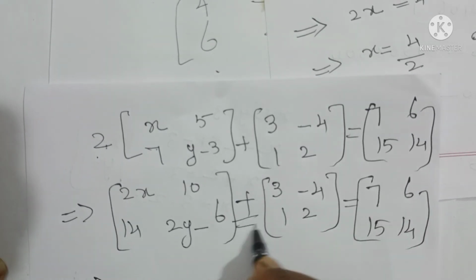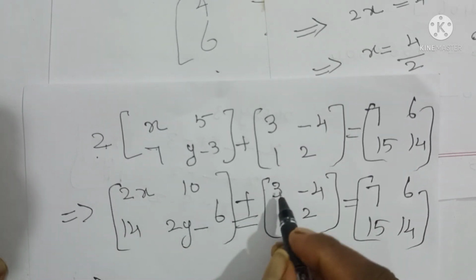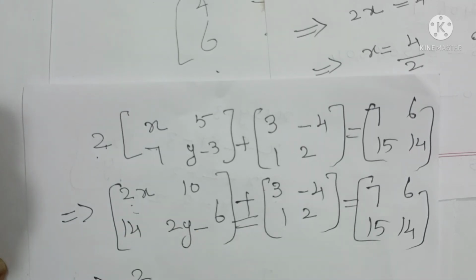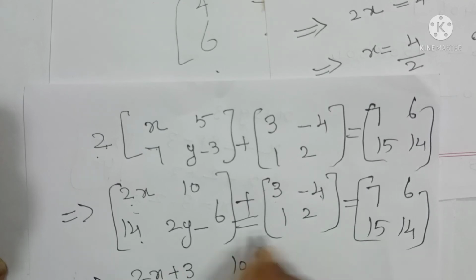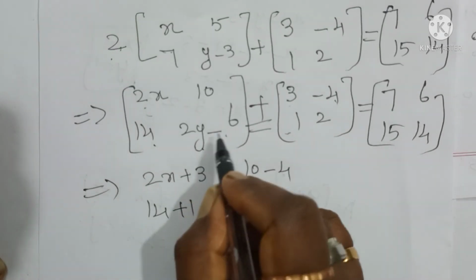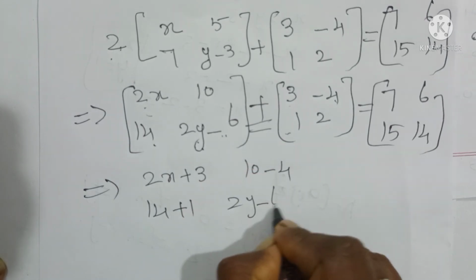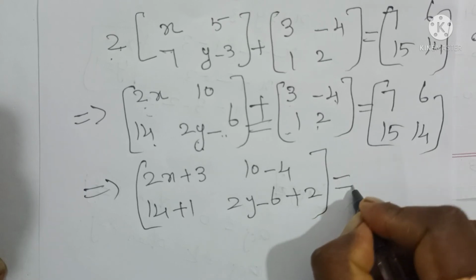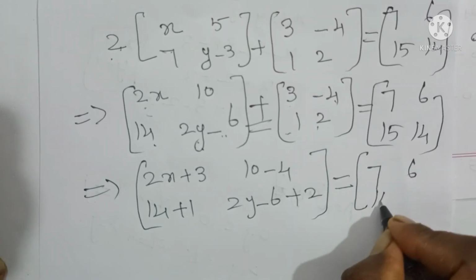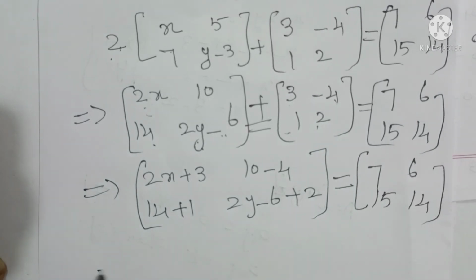Here the plus symbol is there, so you add corresponding terms: 2x plus 3, then 10 minus 4, then 14 plus 1, then 2y minus 6 plus 2, and on the right side the same terms, 15 and 14.